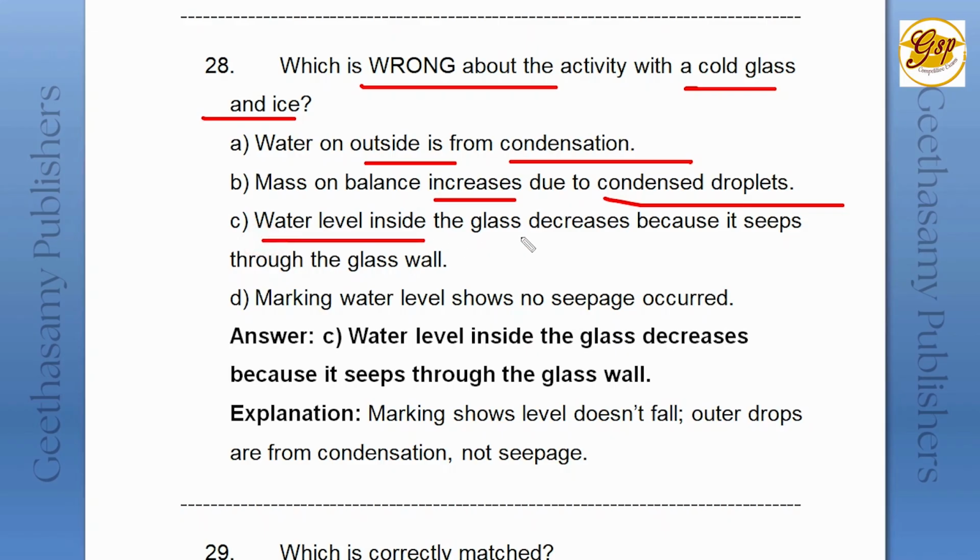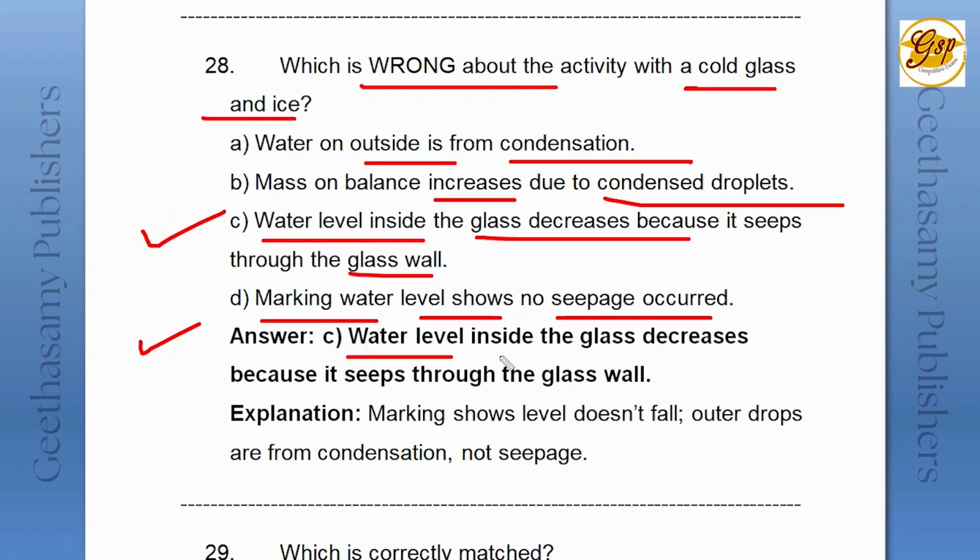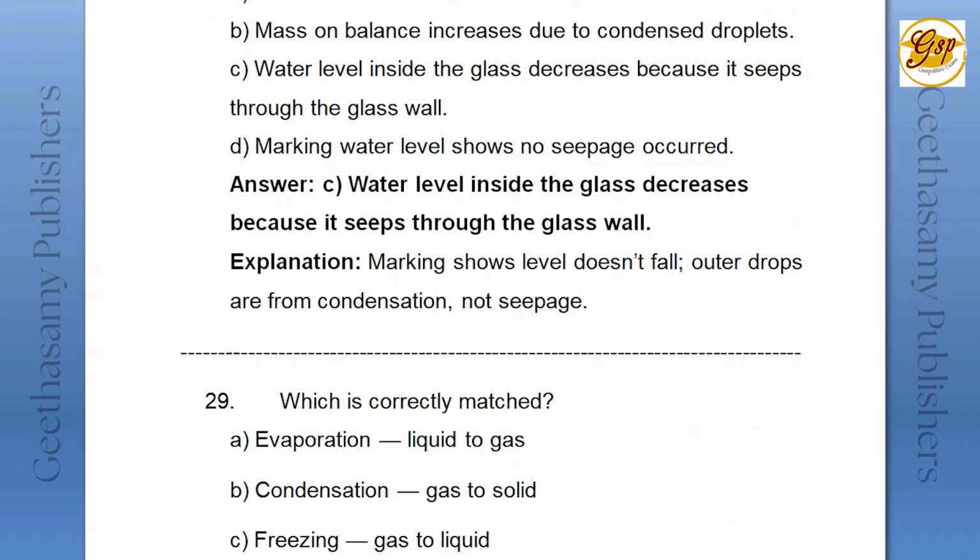Water level inside the glass decreases because it seeps through the glass. Marking the water level shows no seepage occurred. The correct answer is C: the water level inside the glass decreases because it seeps through the glass. The explanation is that the marking shows the level doesn't fall. Outer drops are from condensation, not seepage.